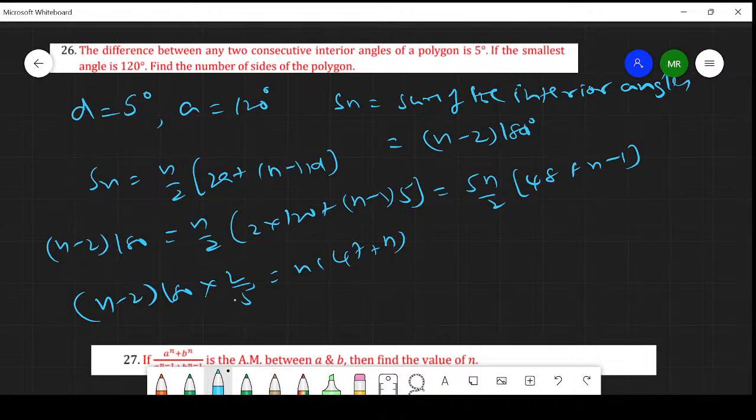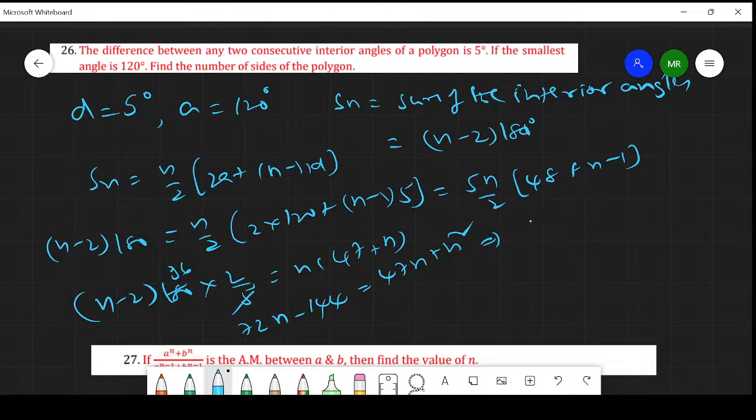If I do the cross multiplication, I can write 5n by 2 into 47 plus n. Simplifying, this will be 72n minus 144 equal to 47n plus n square.